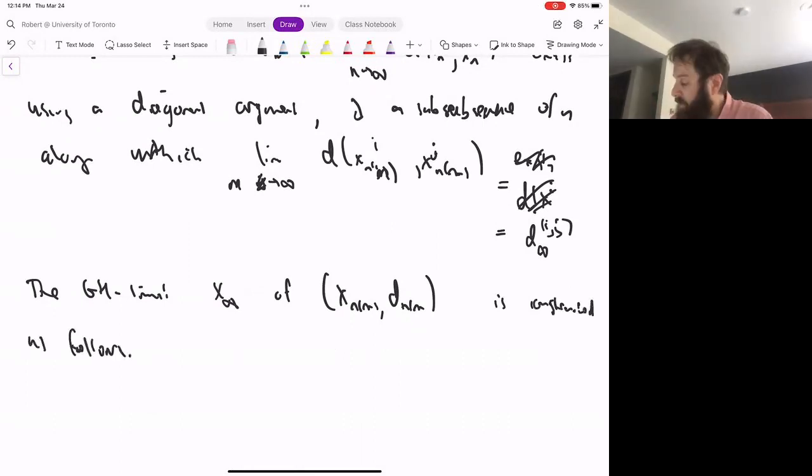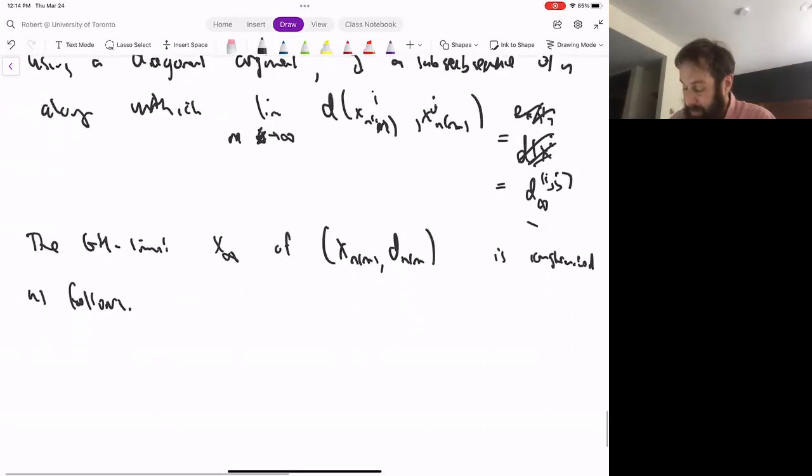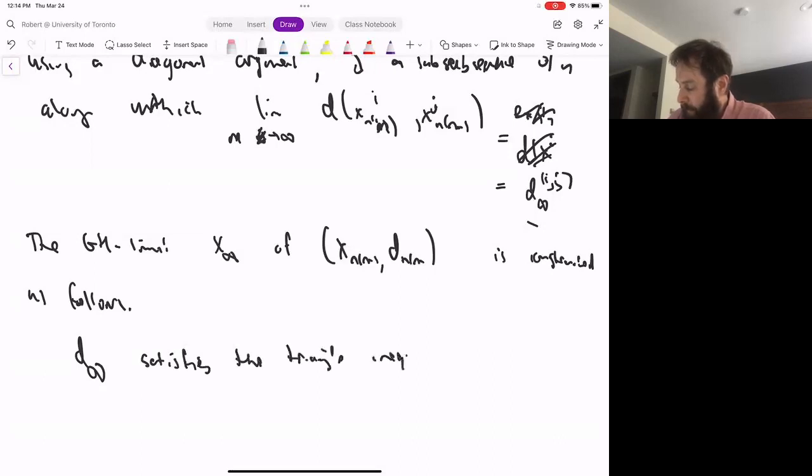So the first thing to notice is that d infinity satisfies the triangle inequality on the natural numbers.